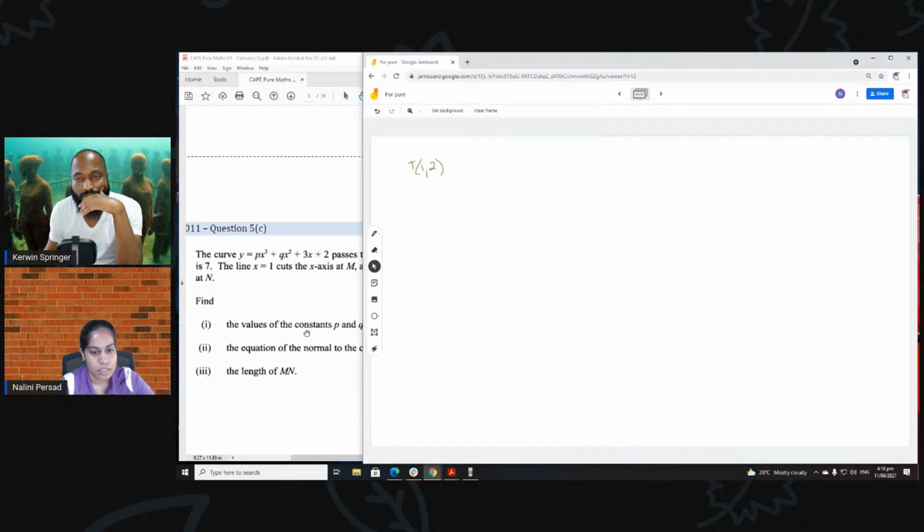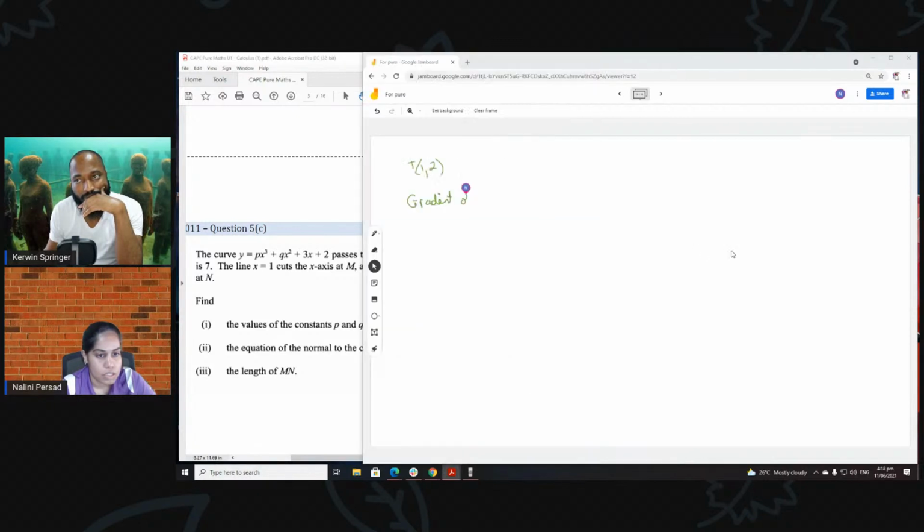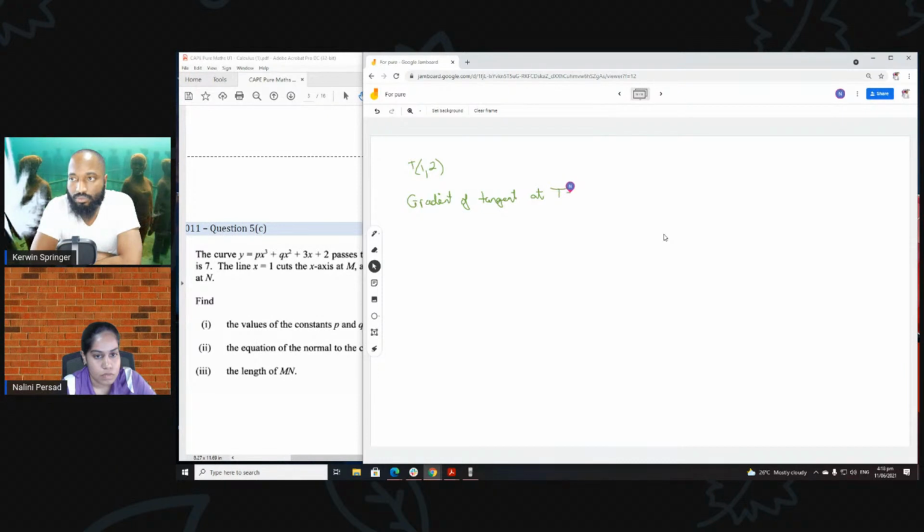So if we have that the gradient of the tangent at t is 7, then what would be the gradient of the normal at t? So if it's 7, then it's -1/7, right?